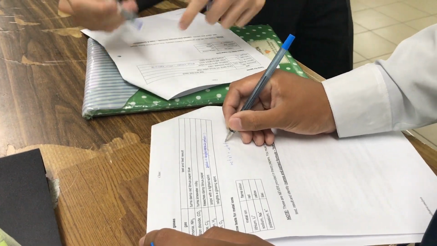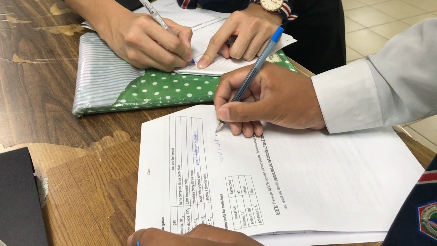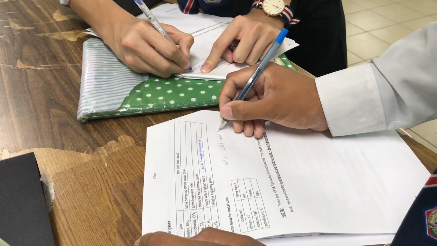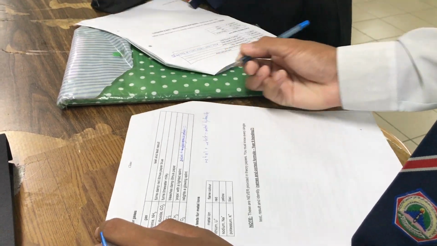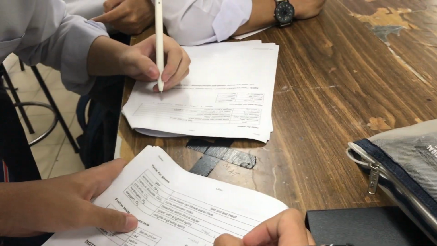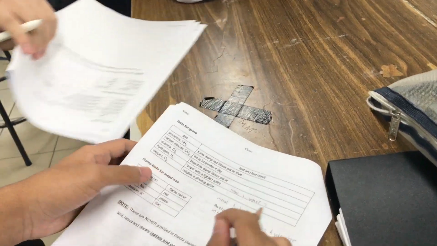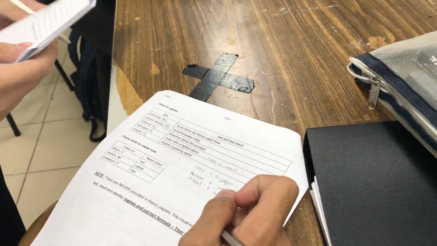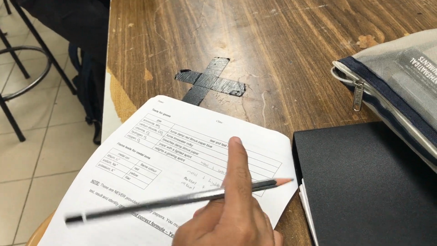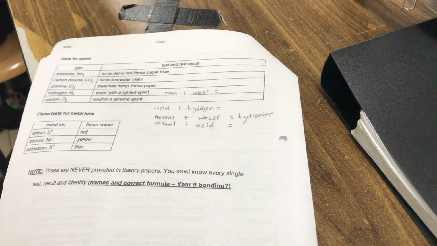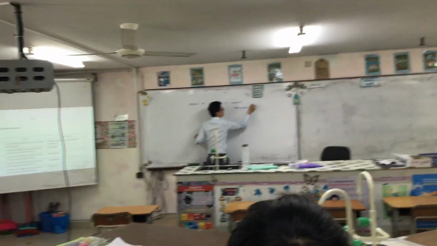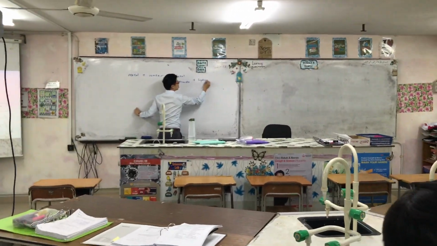Okay. But I'm not going to do metal plus water. I will do the easier one. Metal plus acid. That's the second one. Metal plus acid gives you metal salt plus hydrogen. Everyone get the first one? The first one was metal plus water, which gives hydroxide plus hydrogen gas.